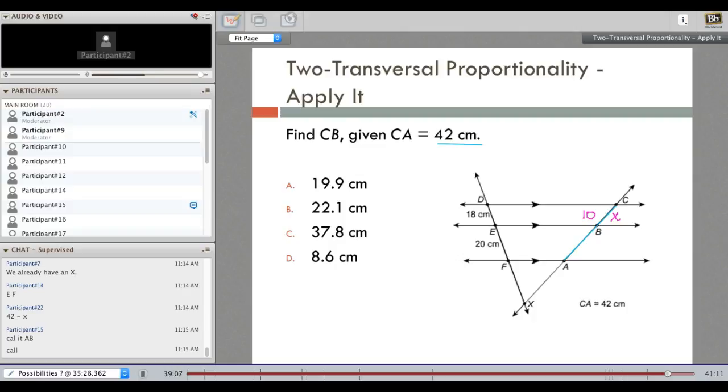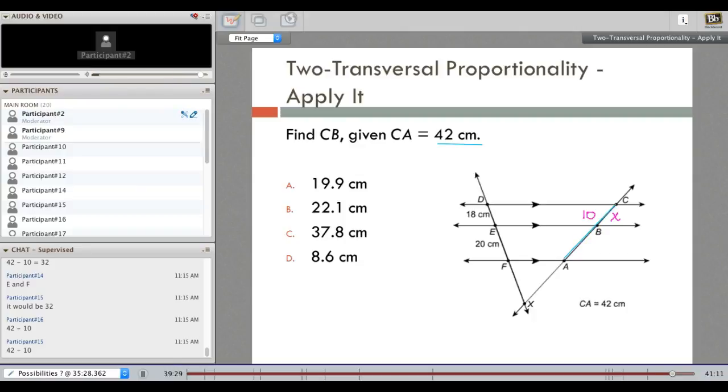So if I had told you that CB was 10, and that from C to A was 42. Good, 32. How did you get that, Tristan? So you'd say, well, then I would know that from B to A is 32. So if I knew from C to B was 10, good, Stephanie. Good, Tristan. 42 minus 10. So we don't know that CB is 10.